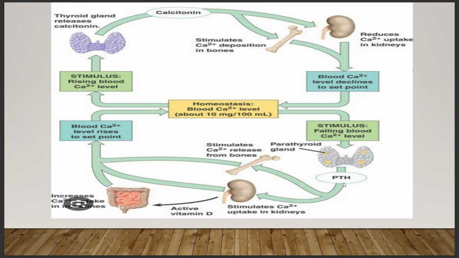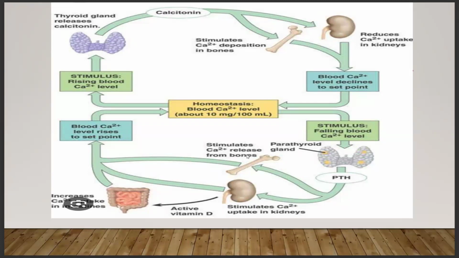The parathyroid hormone attains this homeostasis by different mechanisms. It stimulates the bone, and calcium release from the bone happens. Parathyroid hormone also acts on the kidney and stimulates calcium 2 plus uptake in the kidney, and the kidney also produces active vitamin D, which in turn increases the calcium 2 plus uptake in the intestine.